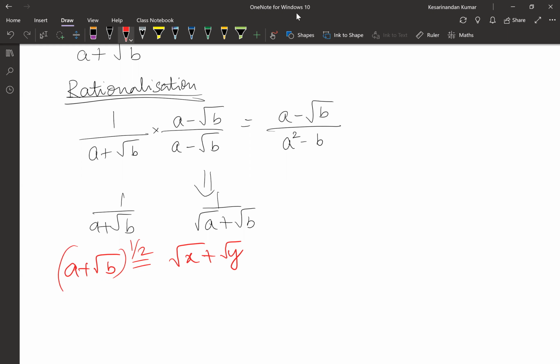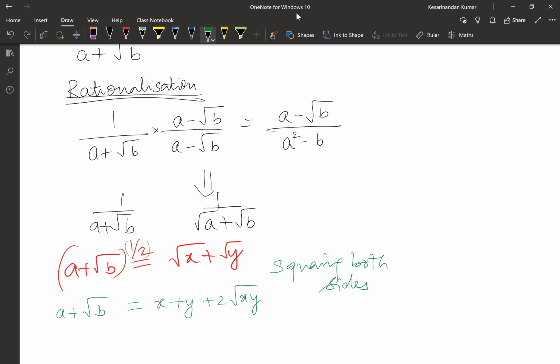So what do we do from this? Next, square both the sides. Squaring both the sides, what do we get is a plus root b is equal to x plus y plus 2 under root xy. We'll use the a plus b whole square formula.